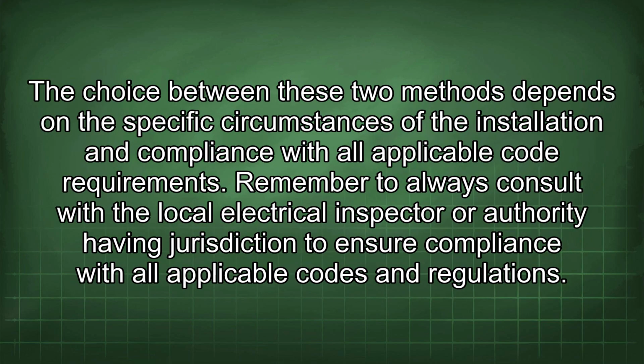The choice between these two methods depends on the specific circumstances of the installation and compliance with all applicable code requirements. Remember to always consult with the local electrical inspector or authority having jurisdiction to ensure compliance with all applicable codes and regulations.